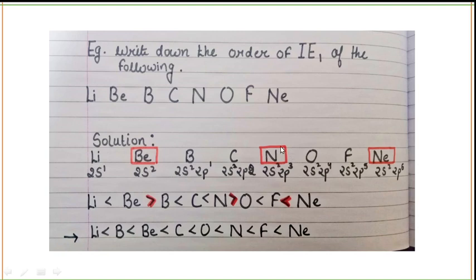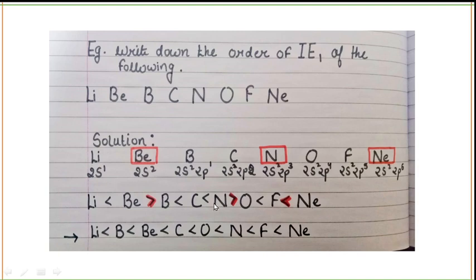Nitrogen has pseudo noble gas configuration or half filled configuration, that is 2s2 2p3. Neon has the full filled configuration, that is 2s2 2p6. And as you have seen in the previous slide, that full filled condition or noble gas configuration has the maximum amount of ionization enthalpy, then the pseudo gas configuration, and after that all the incomplete configuration.